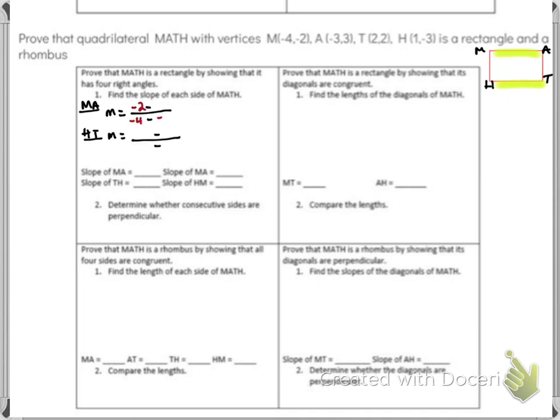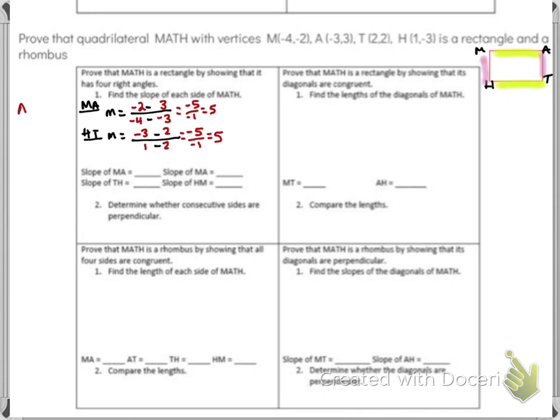A is -3, 3. Simplify it, that's -5 over -1, which is just 5. For HT, H is 1, -3, 1 goes at the bottom, -3 at the top. T is 2, 2, so 2 goes at the bottom, 2 goes at the top. That's going to be -5 over -1, which is just 5. So far, those 2 sides are parallel.